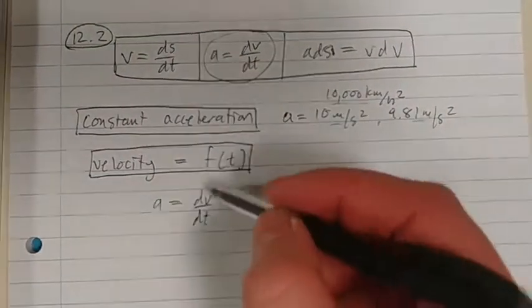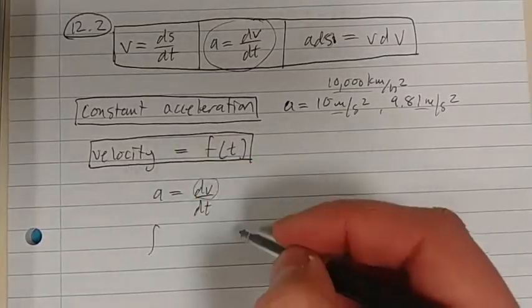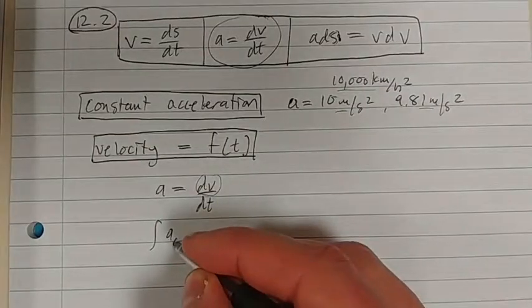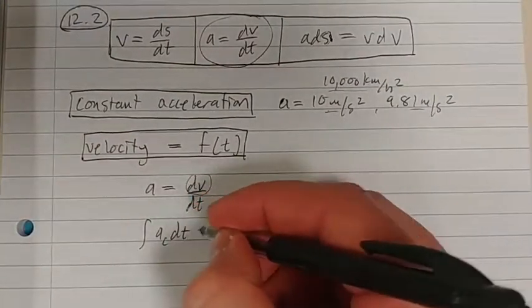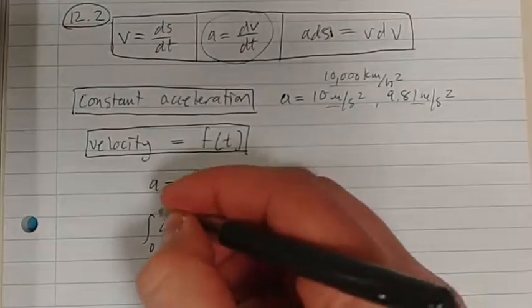Then what we can do is solve for velocity by separating variables and integrating. This is a constant, a_c, it looks like 10, 9.8, whatever, dt. And we integrate dv between v0 and v, and between 0 and t.